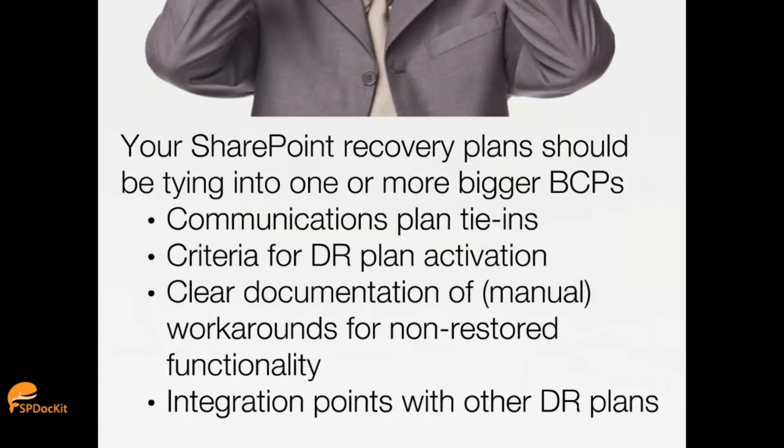Activation is an important one to call out, because I'm going to venture a guess that some of you are in a similar situation that I've been in the past, where a number of users start calling in saying that SharePoint's down. They can't get to their site collection. You as an IT pro go in, you look at the farm and it is completely up, but users say it's down. Is that a disaster?